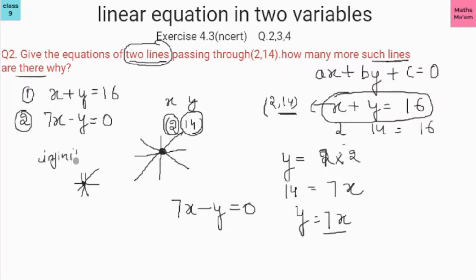So we can write infinite lines can pass through any point, and these two are the examples of two lines: x plus y is equal to 16 and 7x minus y is equal to 0. Like this we can form another equation, the line of another equation, right? So this was the second question. I hope you understand this.